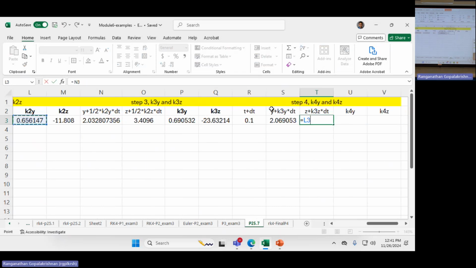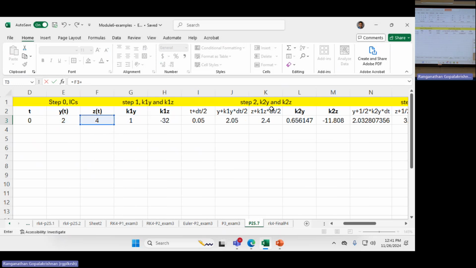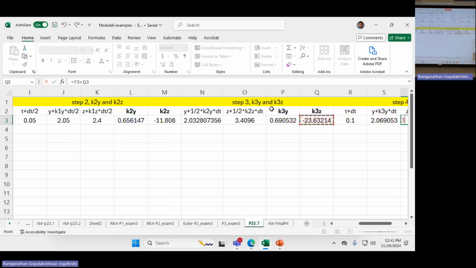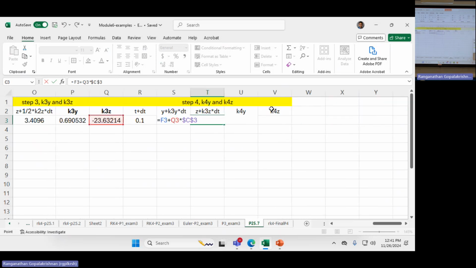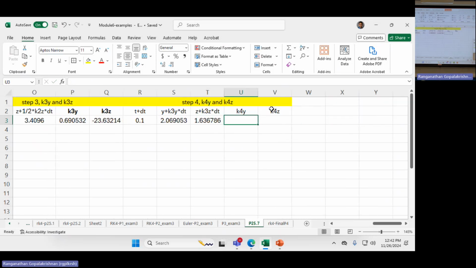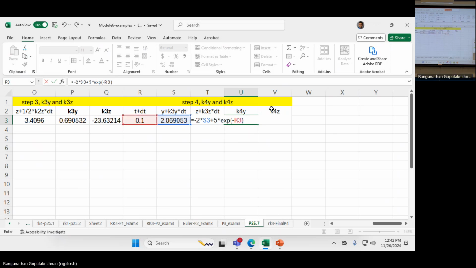And then z plus k3z times dt. Lock. And then k4 is the function: minus 2y plus phi exponent of minus time, and then this is minus y times z squared.